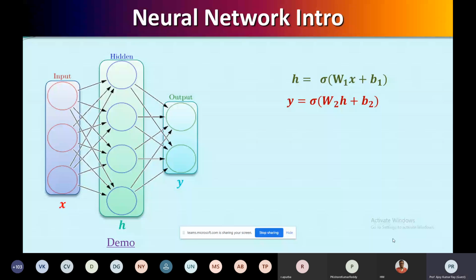Plus B1, that is known as a bias input. It has lots of utilities, this bias. And then the whole thing, W1x plus B1, is a weighted sum. And then you apply a sigmoid function, which is a nonlinear function: 1 over 1 plus e to the power minus x. This is known as the sigmoid function.